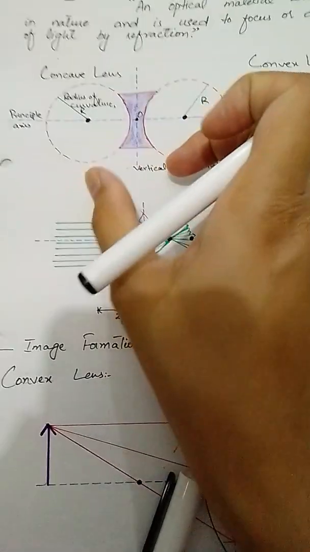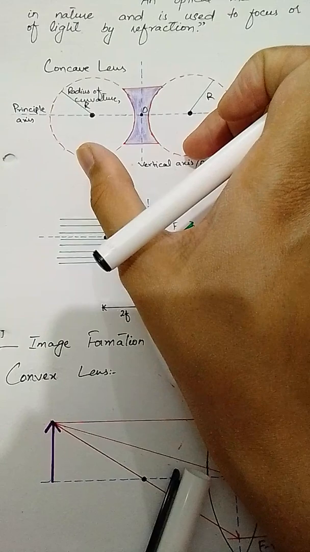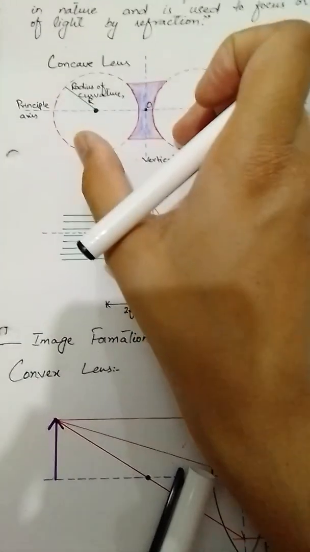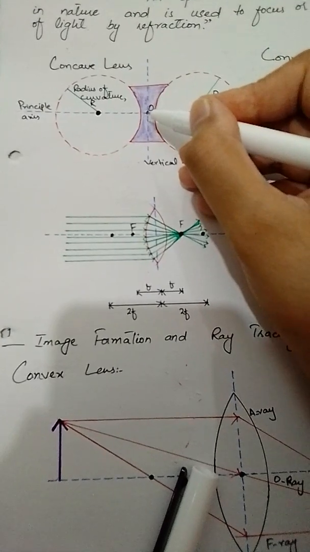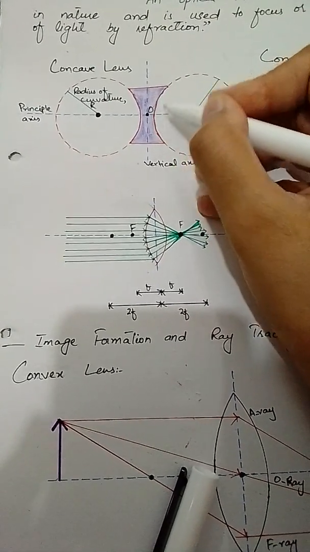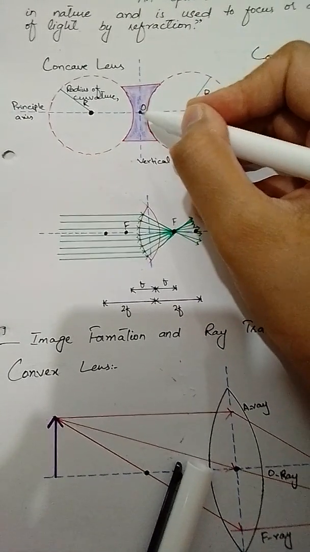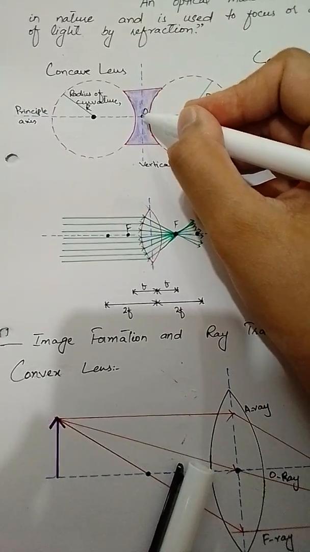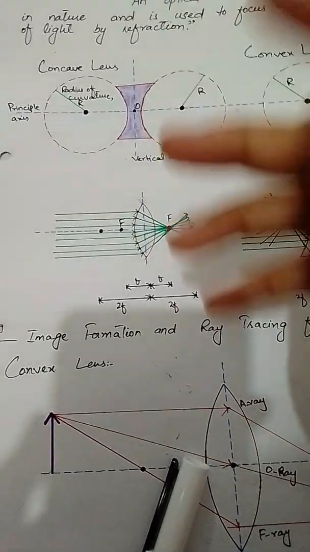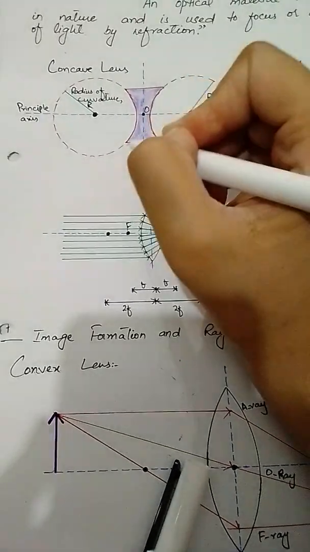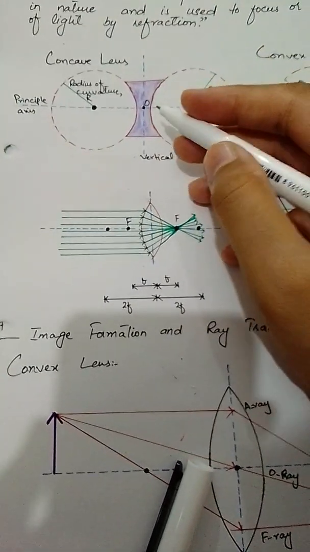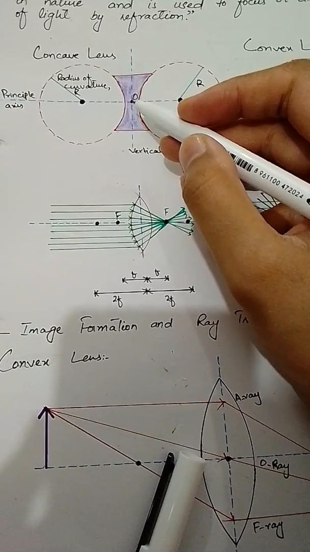If we place these circles such that the spacing between them makes the middle part quite thinner than the edges, then it will be called a concave lens.